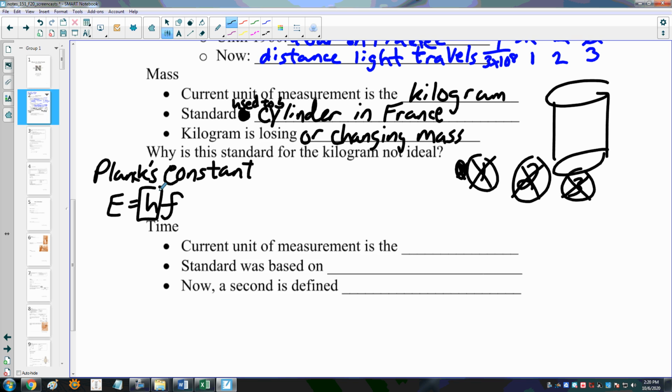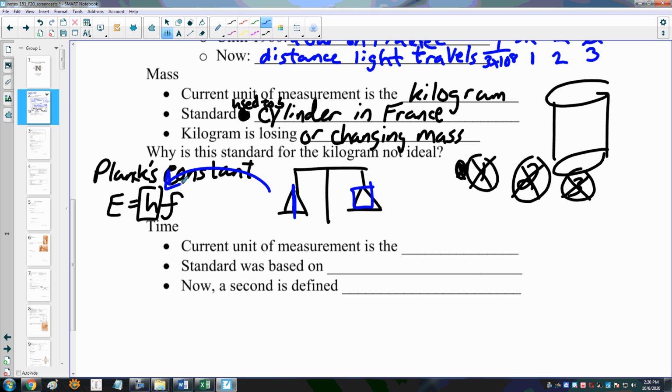What they do actually is they use a balance. It looks like this, like the scales of justice, and they have a cylinder on one side that is a kilogram, and they measure it, and then they balance it on the other side. That cylinder is converted into an electrical current and then further described in terms of Planck's constant.